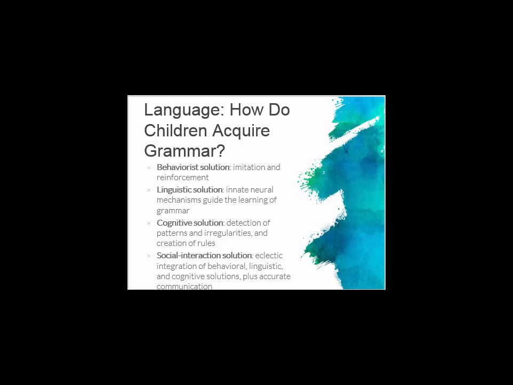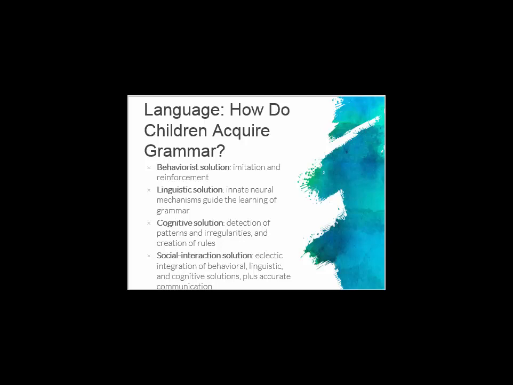And basically his critique was, if language learning is only based on imitation and reinforcement, then how can we explain why children often make errors like calling a group of mice mouses? Or like Lenny, a lot of times he'll say, I catched the ball. And so the idea here is, as adults, nobody talks like that. So how are they getting that? How are they making up these new words?